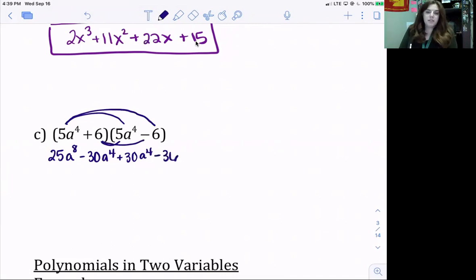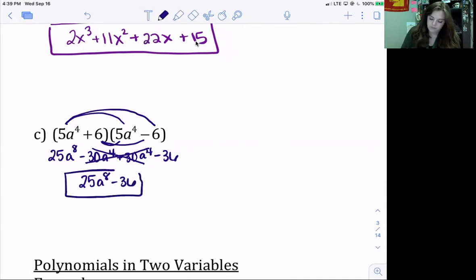So this happened to be a difference of 2 squares. So these are going to cancel since we have a negative and a positive of the same thing. So we can simplify this to be 25a to the 8th minus 36. Okay, and this degree would equal 8.